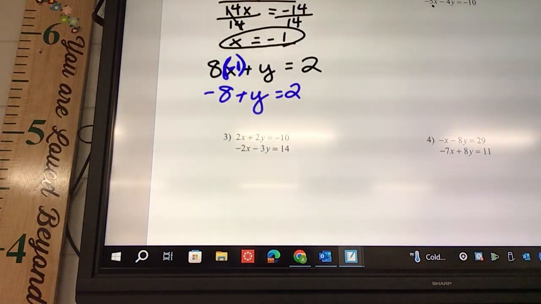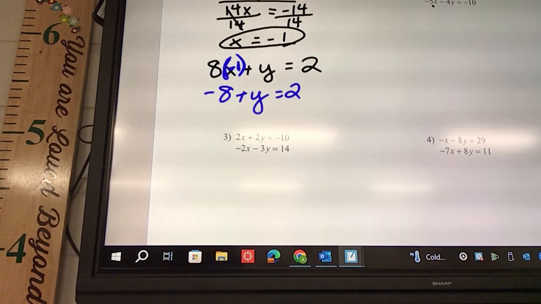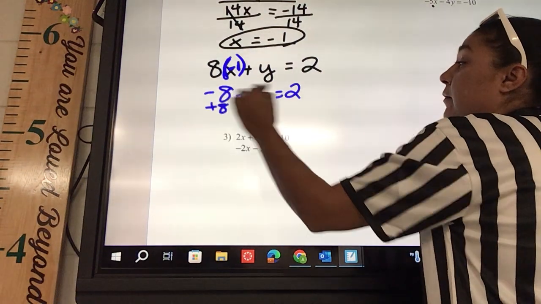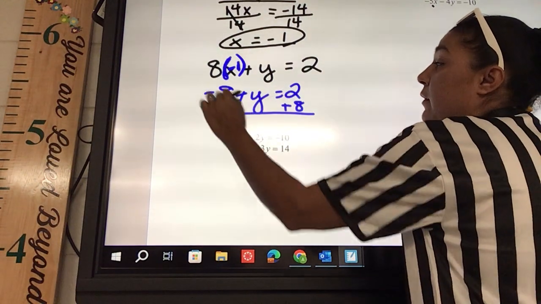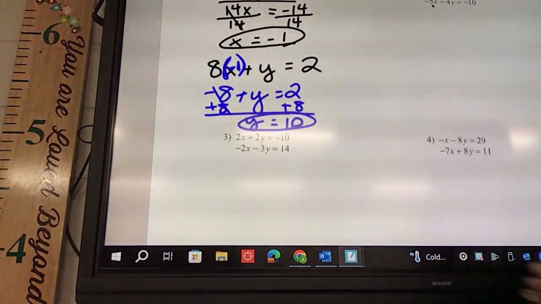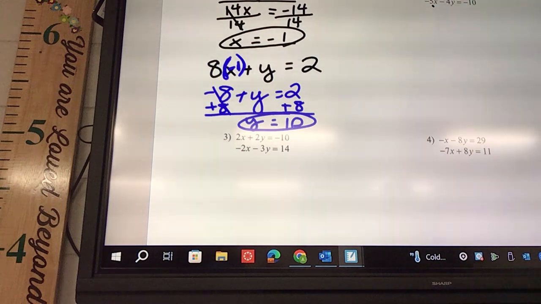And then what needs done? On these ones, we're going to add 8 on both sides. And so I get y equals 10. Is this problem finished?